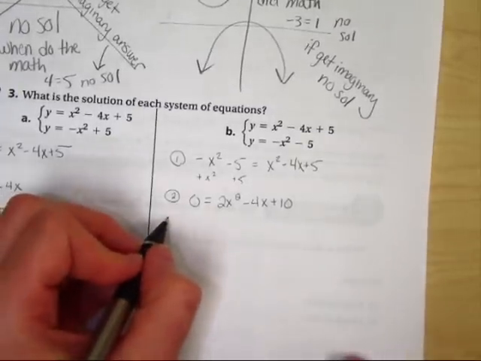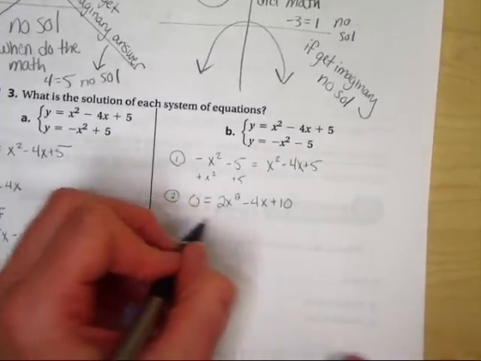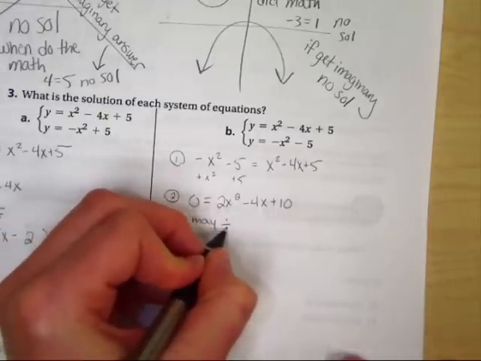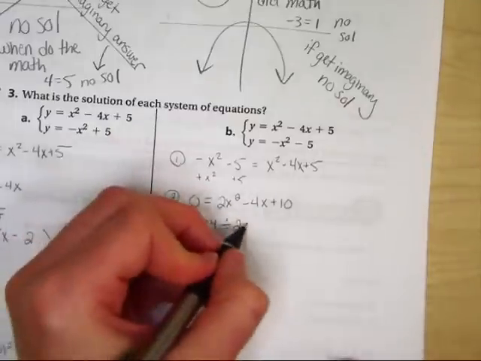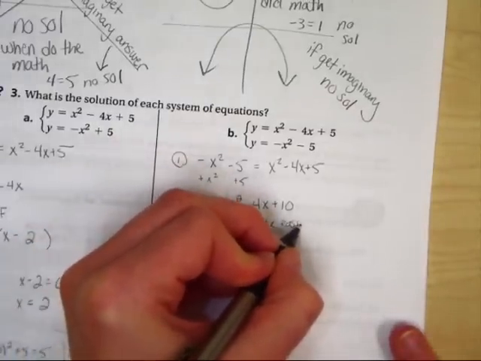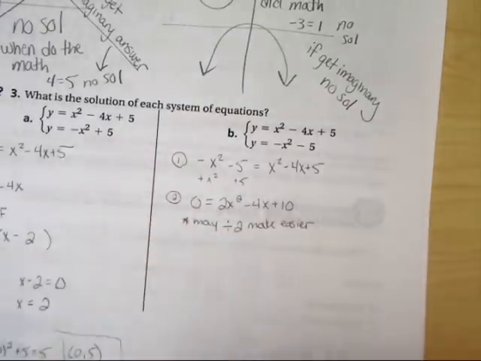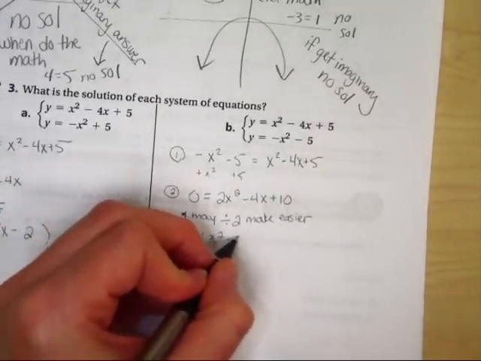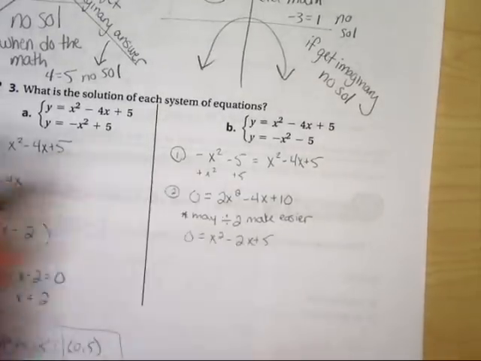Now, if you would like to, at this point in time, I'm going to put a star here, you may divide by 2 to make it easier. If you don't, you're not going to get the wrong answer, okay? But I like to make things easier if I can. So 0 equals x squared minus 2x plus 5.